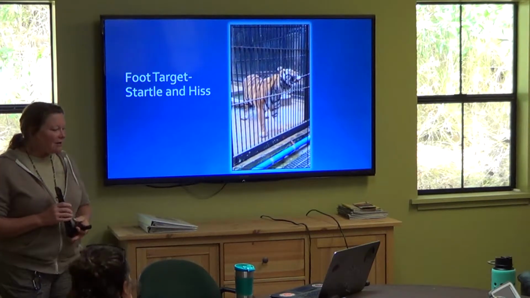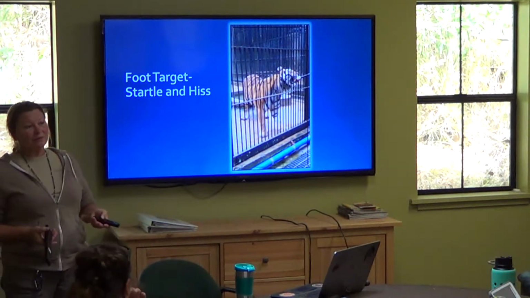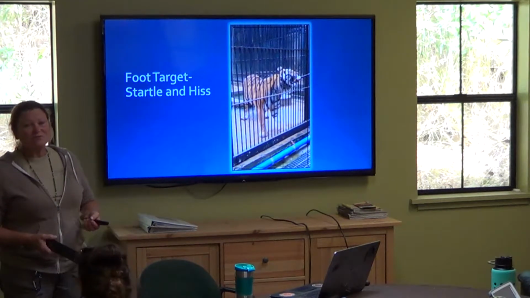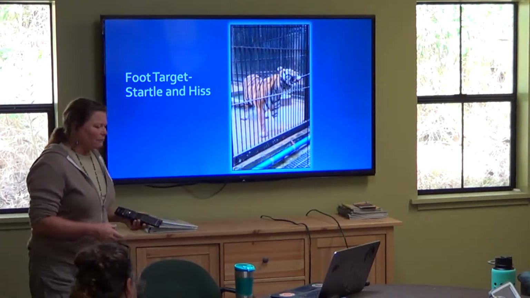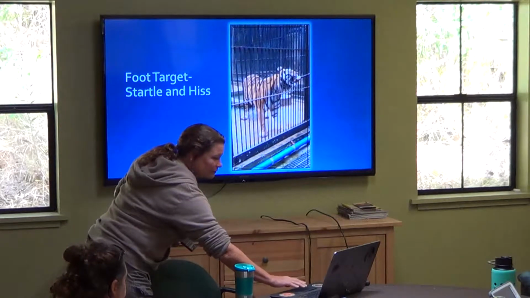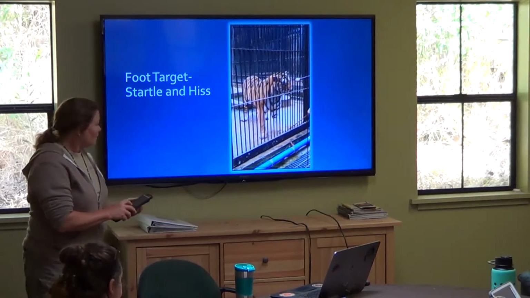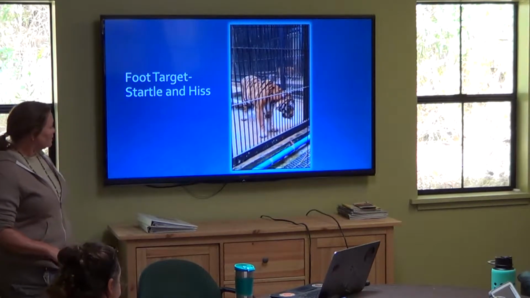Okay, so now, similar to the lean in side present, I thought we'd go through some of the steps for shaping a foot present. And again, these might all be with the tiger. I actually can't remember. So just starting to present the target, you can see he's not real keen on it.